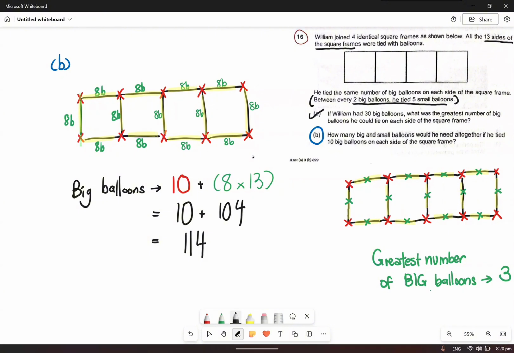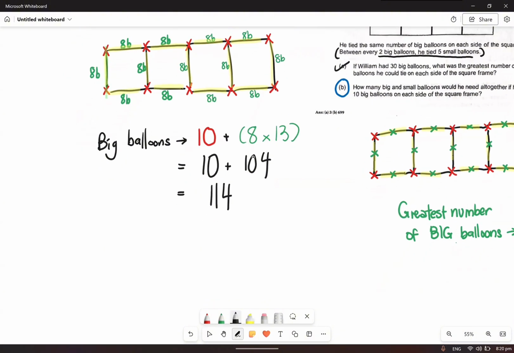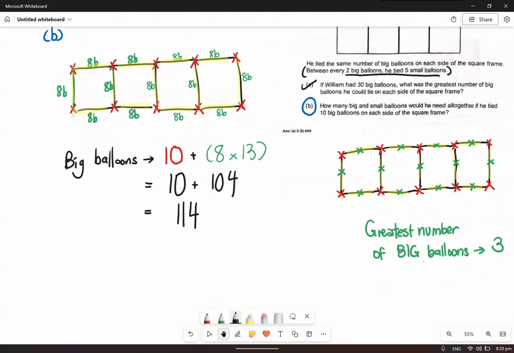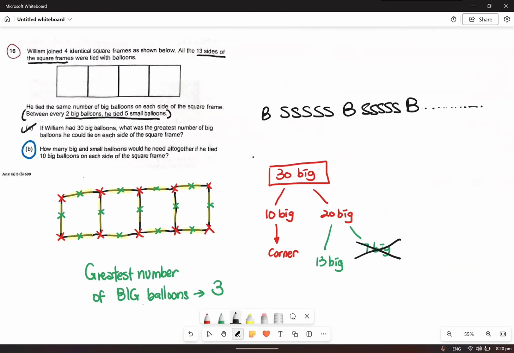So now, how many big do I have on one side? 10, right? So to find small is very simple, because the question says the ratio is actually this, that for every 2 big, you will see how many small? 5 small. Make sense?